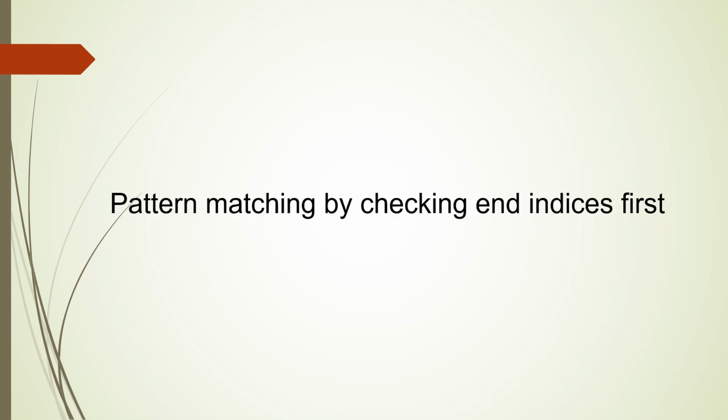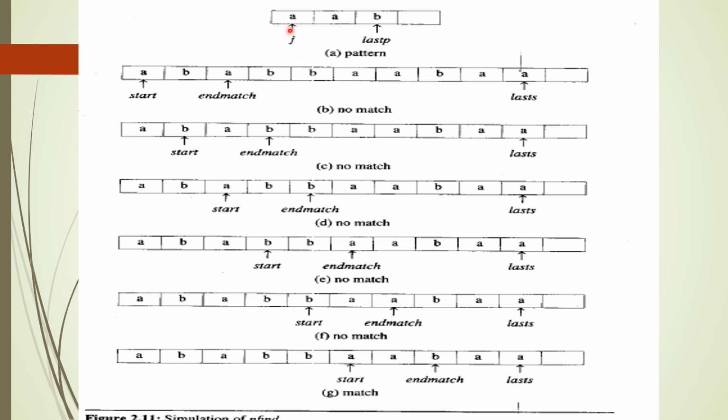The next string matching or pattern matching algorithm is pattern matching by checking end indices first. This diagram shows how the end indices first pattern matching algorithm works. Like the first pattern matching algorithm, you will be given the pattern string and the text string.